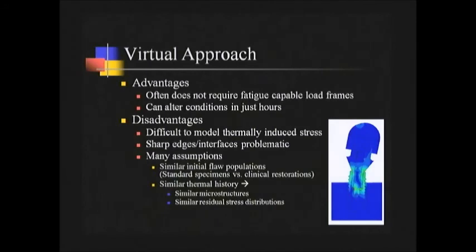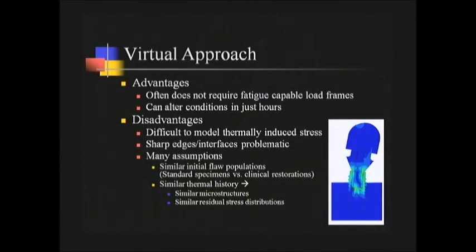One thing is that if you have a system which is being processed in a furnace, like a veneer ceramic on top of a coarse ceramic material, then it's difficult to model the thermally induced stress using a computer. That can be very challenging to model if there's some viscoelastic relaxation during cooling.